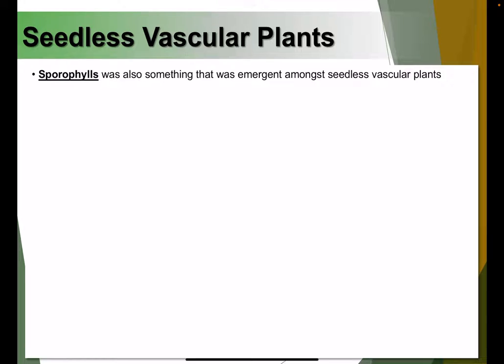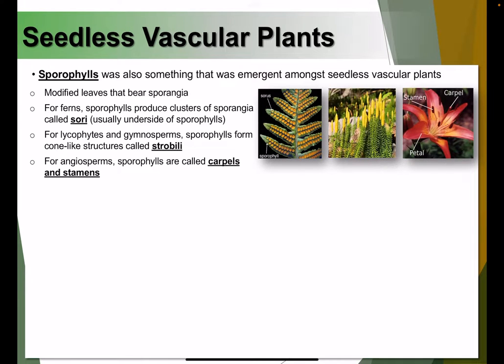All right, and then sporophyll was also something that was emergent amongst seedless vascular plants that non-vascular plants don't have. Sporophylls are actually modified leaves that bear sporangia. This doesn't have to be just the top that has to have the spores. It can be underneath the leaves.